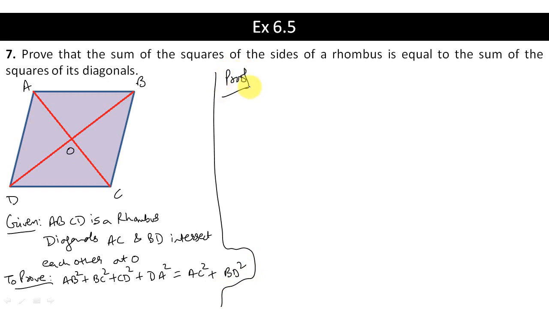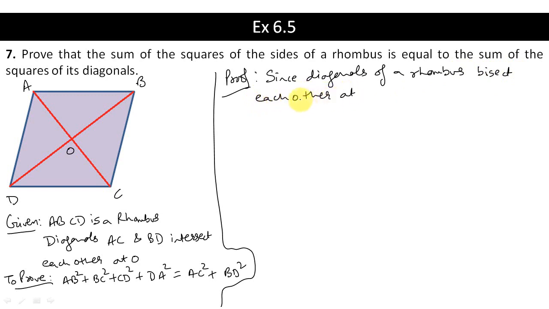We know that diagonals of a rhombus are perpendicular to each other and also they bisect each other. Since the diagonals of a rhombus bisect each other at right angles, therefore AC will be perpendicular to BD.